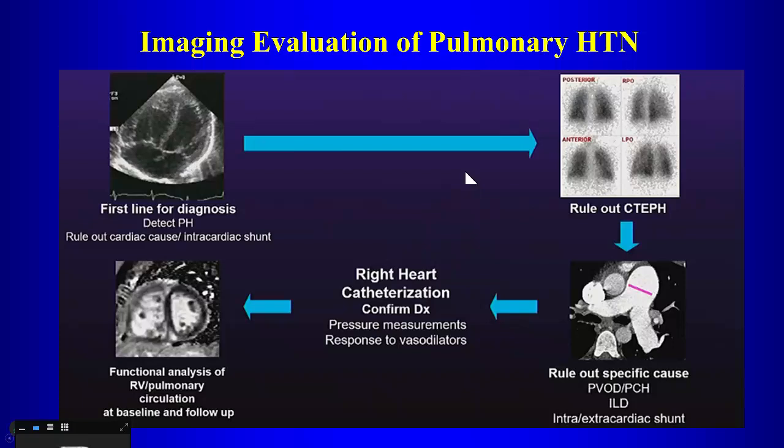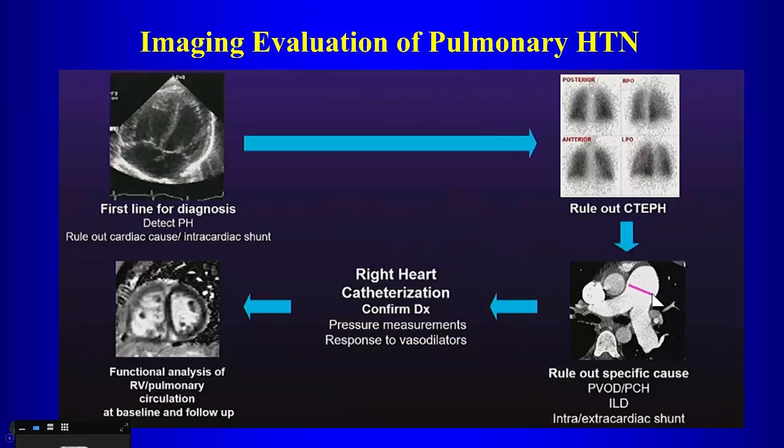The next test that they will get is usually a nuclear medicine study, especially if we're looking for chronic thromboembolic disease as a cause of pulmonary hypertension. So if the nuclear medicine perfusion study is normal, then they don't have chronic thromboembolic disease. And then to better evaluate that, if we're worried about that, then we get CT.